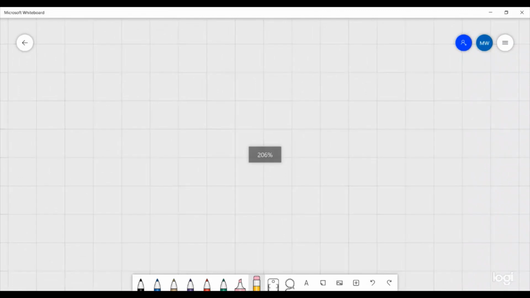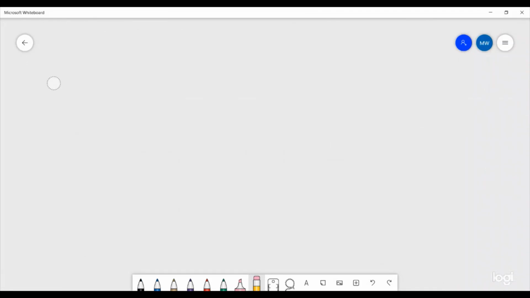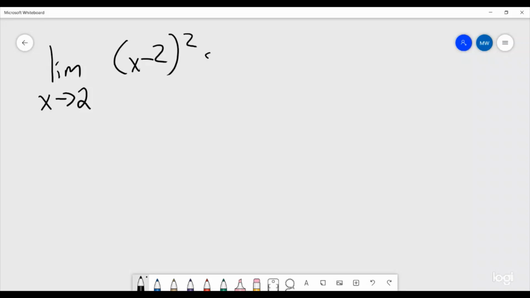So let's say that, for example, we are asked to find what is the limit as x goes to 2 of (x minus 2) squared times sine of 5 over x minus 2? What's this going to be?